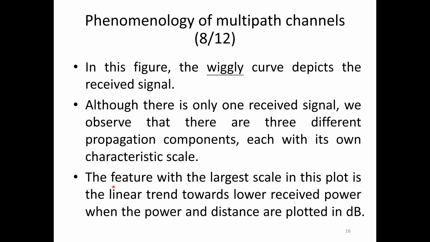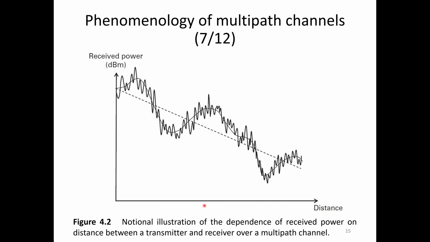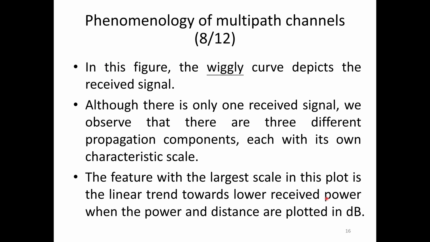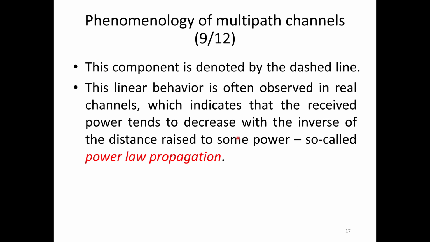So this line is the linear trend towards lower received power when the power and the distance are plotted in dB. Okay, so we can know that the distance is plotted in dB and the received power is plotted in dBm. So not in dB.